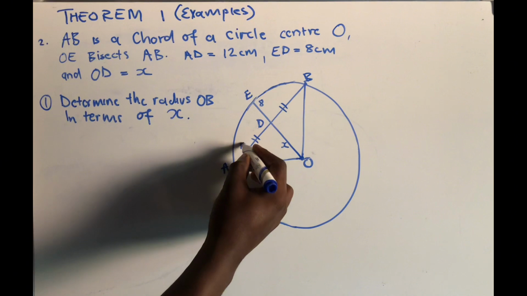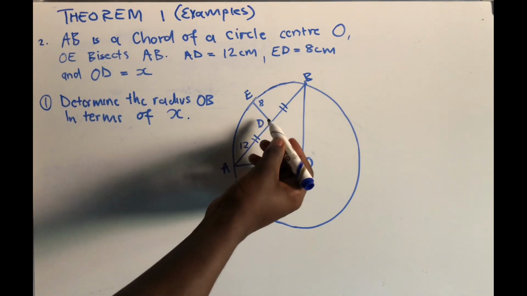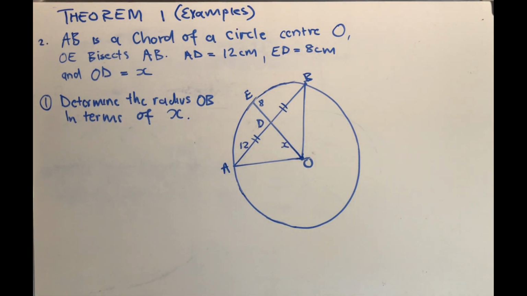Then we update our sketch. This AD is equal to 12 centimeters. ED is equal to 8 centimeters. They've already put the 8 centimeters there for us.